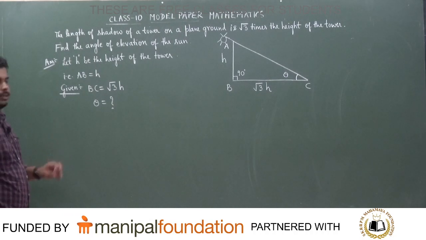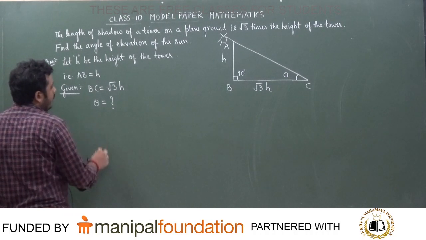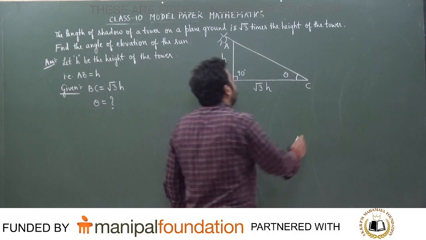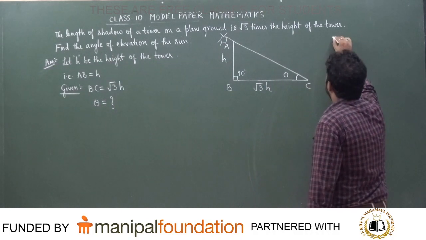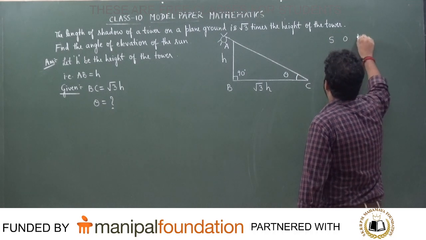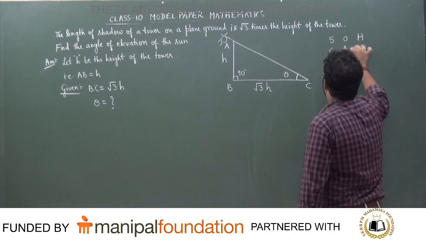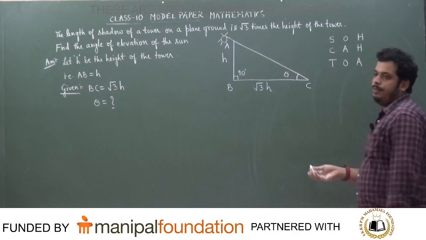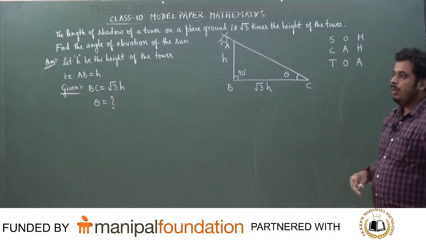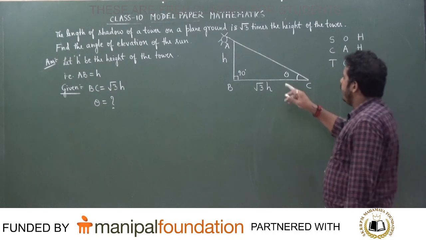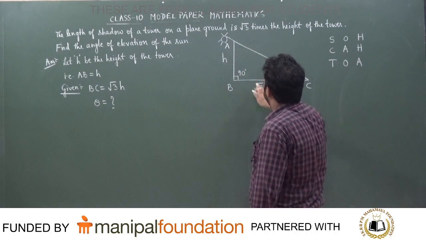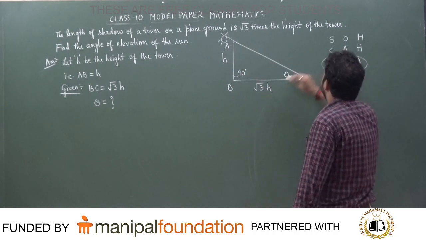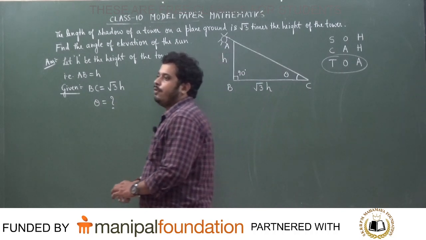Direct questions, these are. How to solve? I've told you when we did classes, an important sentence for learning trigonometry: some old hippie caught another hippie tripping on acid. For theta, I know the opposite side and the adjacent side, so definitely I have to make use of tan theta.